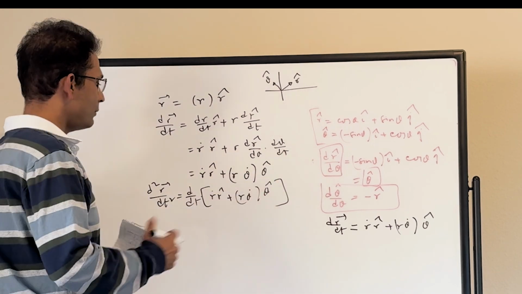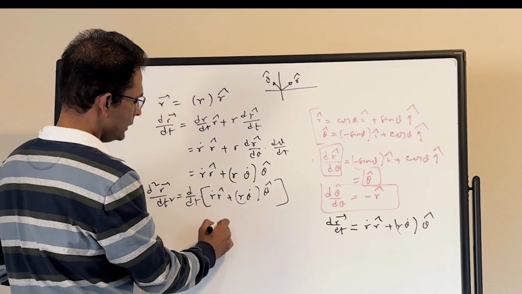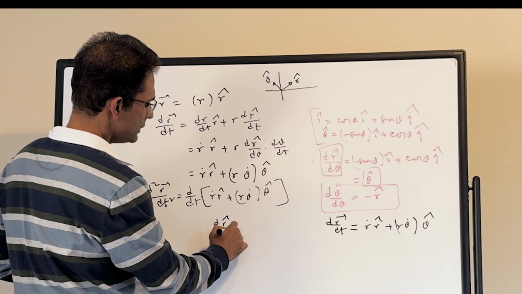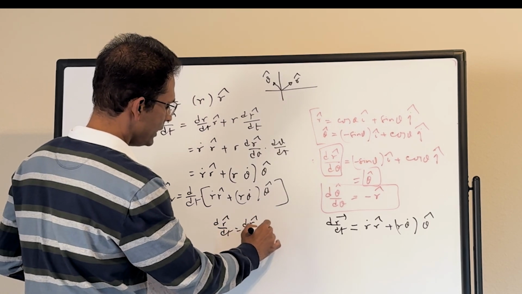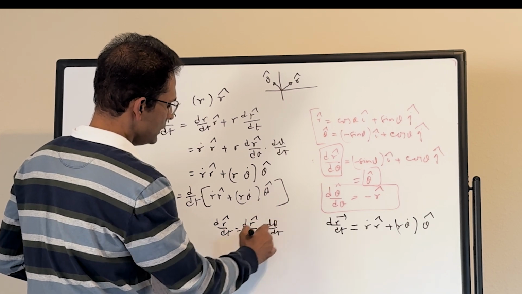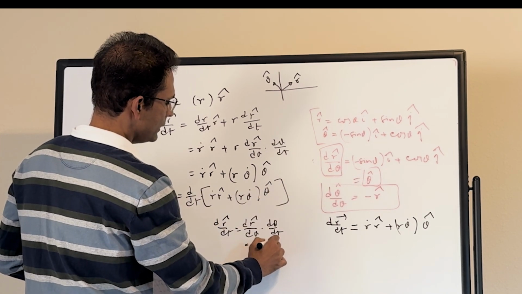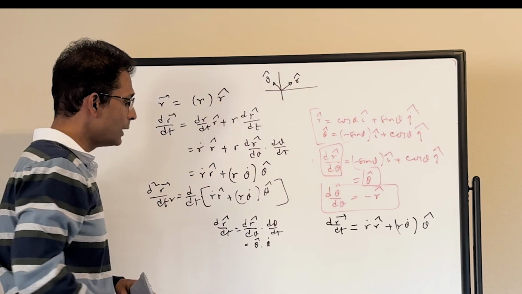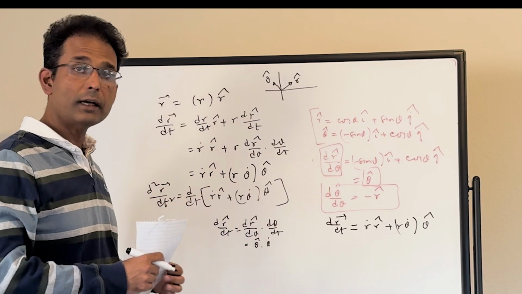So, for example, in the first term, when we see dr hat dt, we will write this as dr hat d theta dt. So dr hat d theta is theta hat, and that is theta dot. Make sense? So that is really the plan. That is how we will take the derivative.